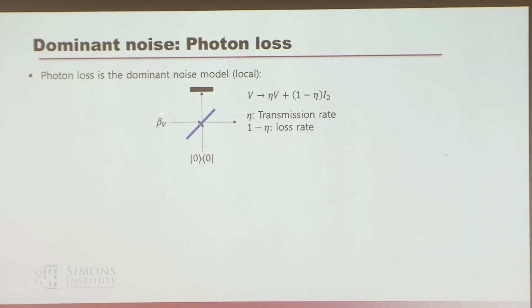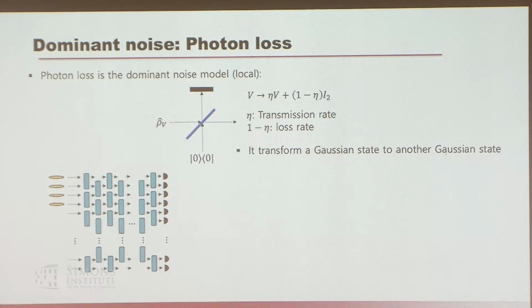The weight of this convex sum is determined by the loss rate, or the transmission rate equivalently. Here, 1 minus eta is the loss rate in the channel. One useful property I'm going to use is that this photon loss channel does not change the Gaussianity of your state. What it means is that it transforms a Gaussian state into another Gaussian state. So we can just stick to this Gaussian state formalism.